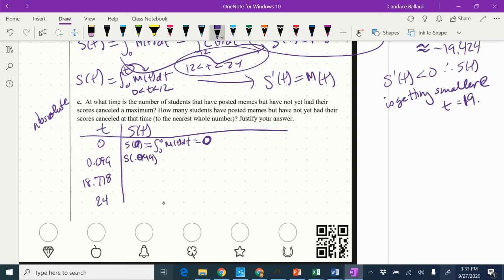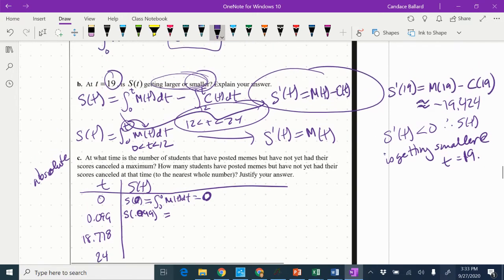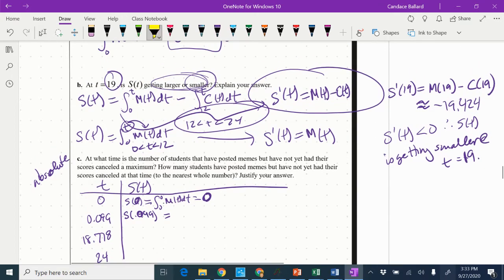Now I have to find S of 0.99. Now remember, there were two different functions, right? One of them was valid when we were between 0 and 12, and the other one between 12 and 24. So I am going to integrate from 0 to 0.99 of m of t dt, and all I'm going to use is this function here because that's where my domain is correct.